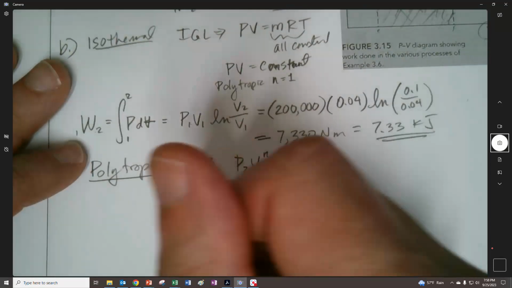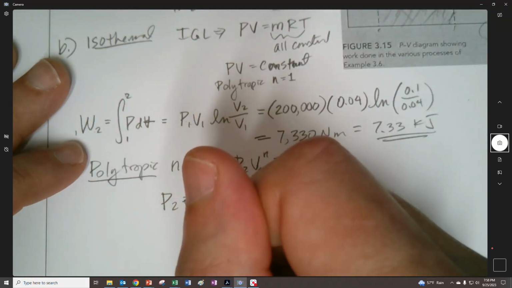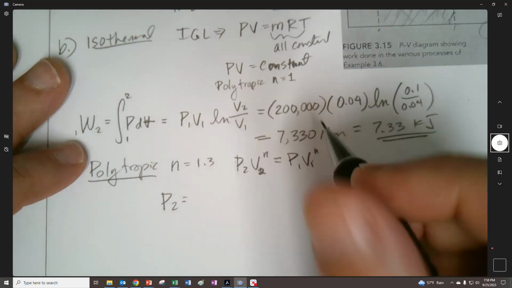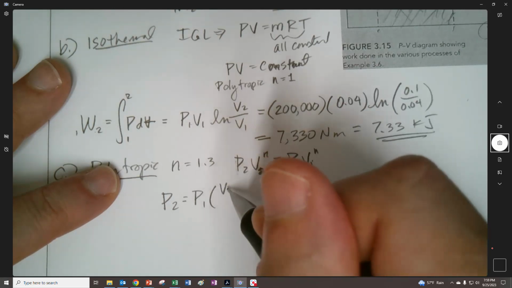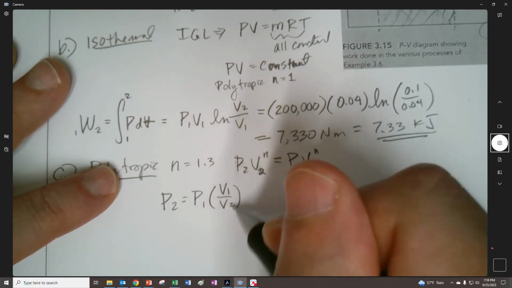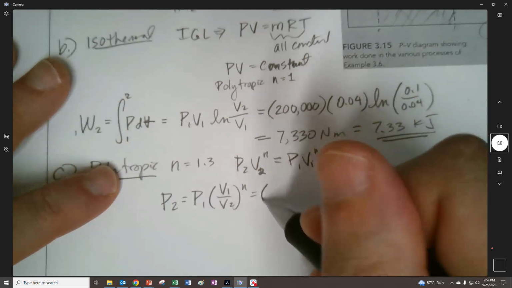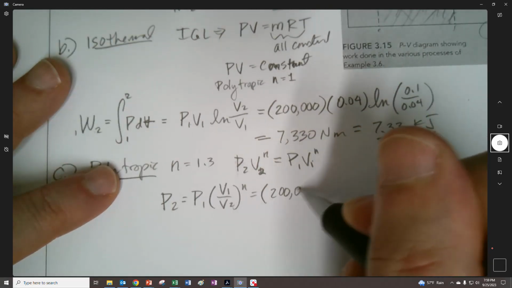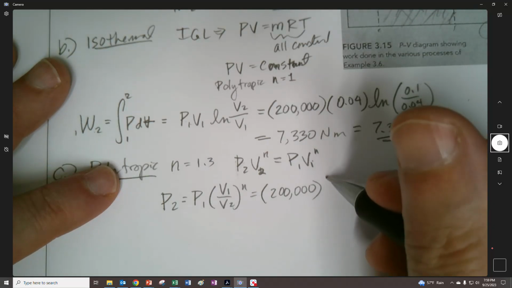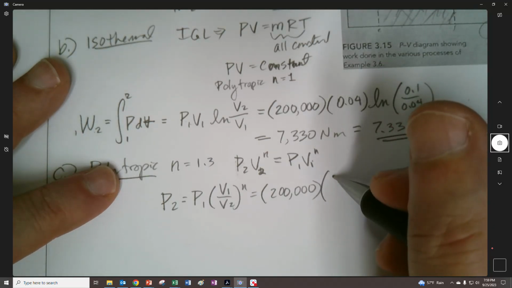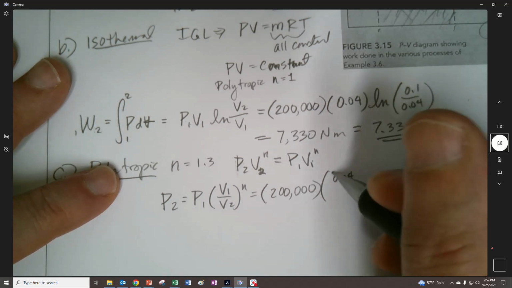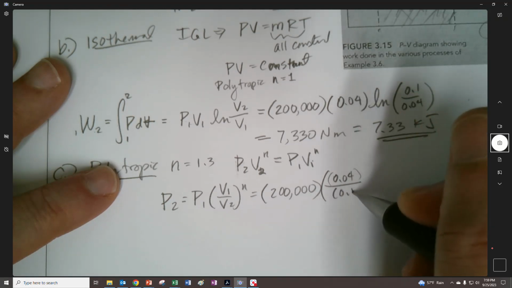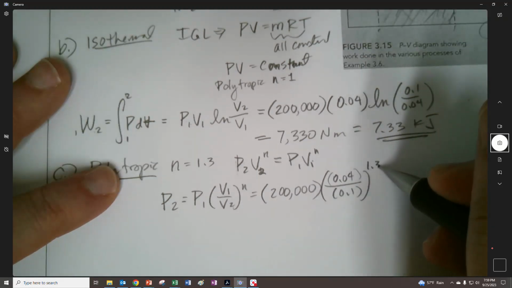So if we want to find P2, we take P1, multiply it by V1 over V2 to the N, which is going to be 200,000 times 0.04 divided by 0.1 raised to the 1.3.